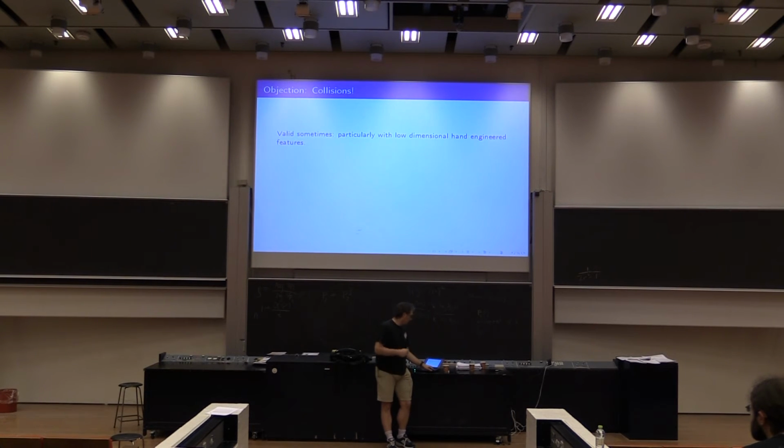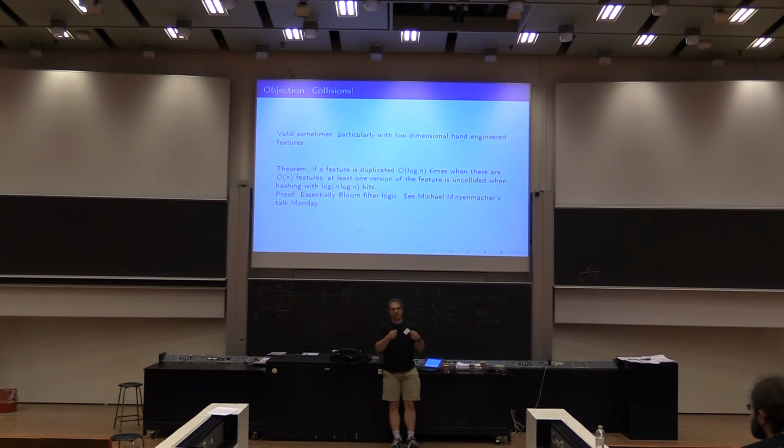So there's several ways to reply to this. One way is to say, look, in these data sets where you're looking at words, it's only a subset of your words which are actually going to matter. So you have a subset of the words which are the important words. And then if you duplicate those important words a few times, it's unlikely that every duplicate will collide with some other important word.